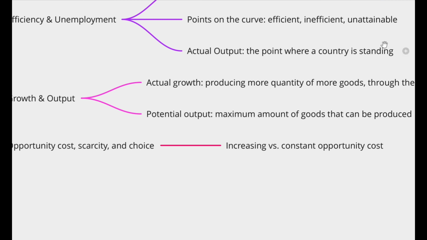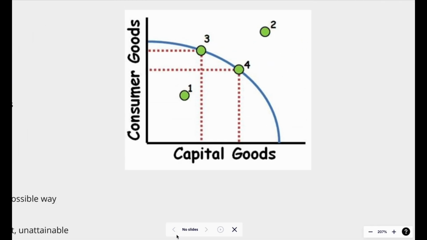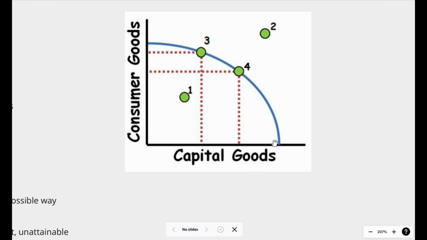Because the opportunity cost of producing such amount of capital goods means to sacrifice the production of any consumer goods because we don't have any more resources. And this means that the quantity of capital goods on here means 0 quantity of consumer goods. So that would be the opportunity cost of producing this amount of capital goods.